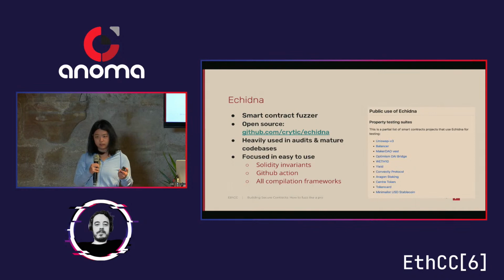The benefit is that it's very easy to use, and we can define invariants within Solidity, so there's no context switching between different languages. We can write it in the same language that our source code is in. It's also available within a GitHub action, similar to what we saw with Slither, and it works for all compilation frameworks, so you're not dependent on a single framework.